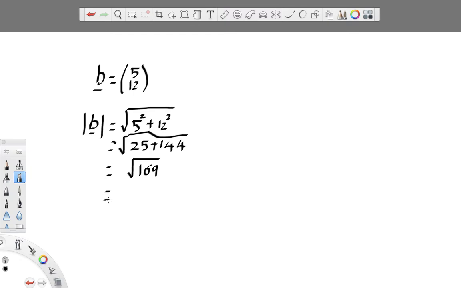Well, you should know your square numbers up to 20 ideally, so we should know that the square root of 169 is of course 13.